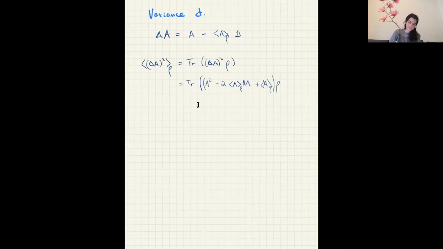Sorry, there's a square missing there. Okay. And now we can just use the linearity of the trace.